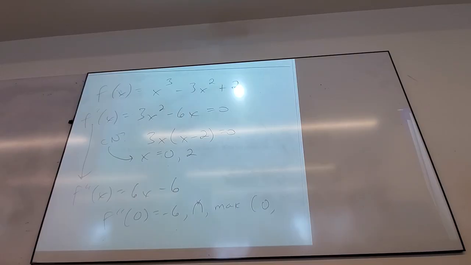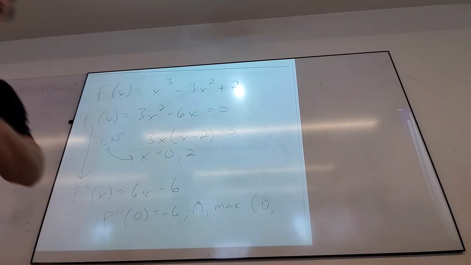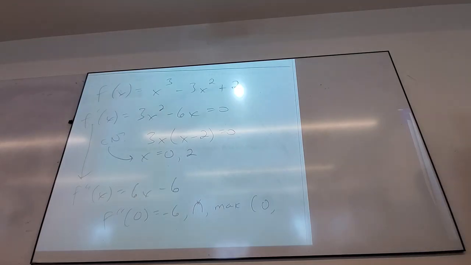F prime tells me how it's moving, and f double prime tells me with what style it's moving. You're going up, but you're going like this, not like that, right? So f double prime is how you move. When I ask you where is this point, you have to plug it back into the original. And that would be 0, 2.